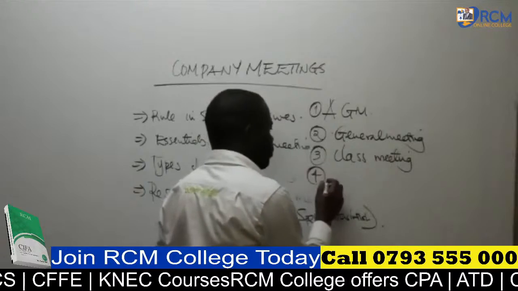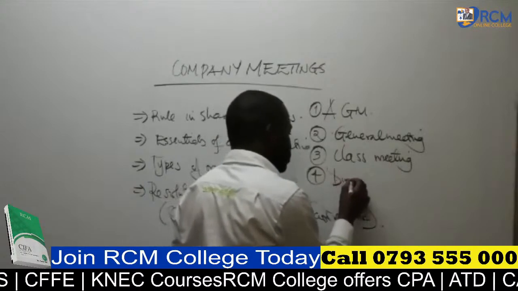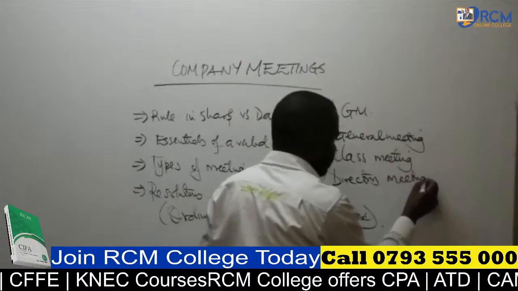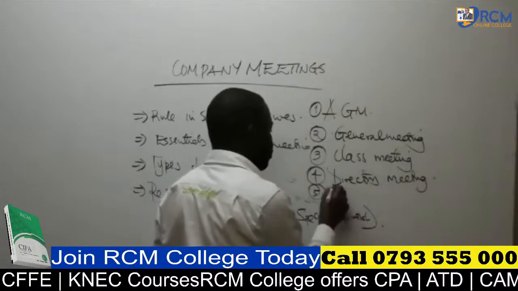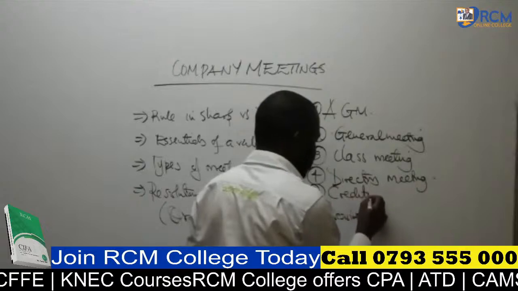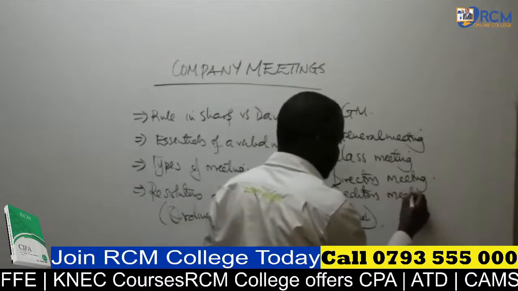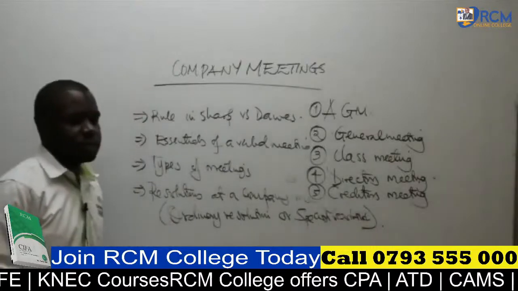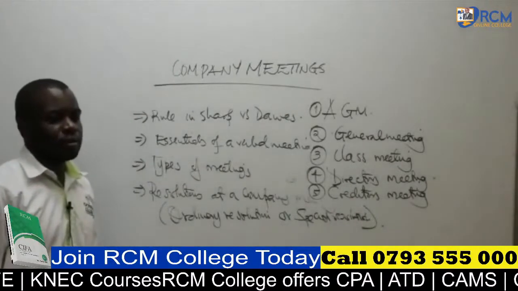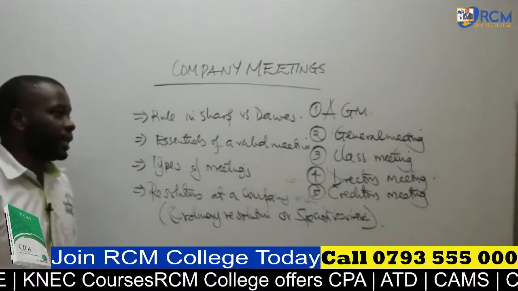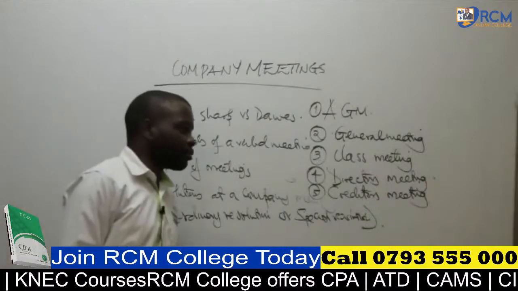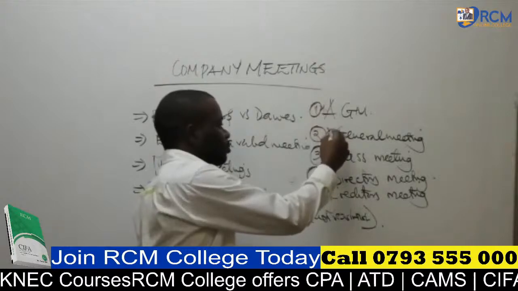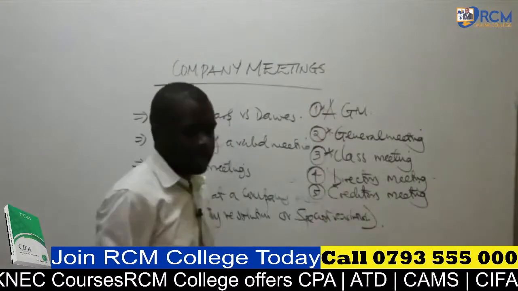Number 4, we can have what we call a directors meeting, or a board of directors meeting. Number 5, we can have, for example, a creditors meeting in a company. These are some of the types of meetings that you are likely to have in a company. The most key ones to understand are especially the AGM, the general meeting, and also the class meeting.